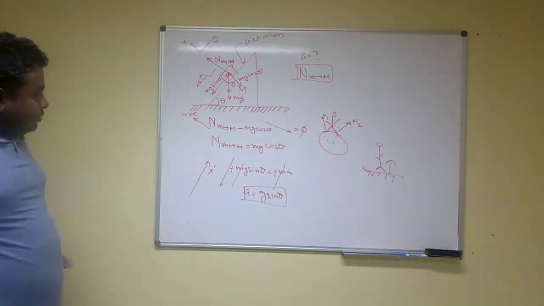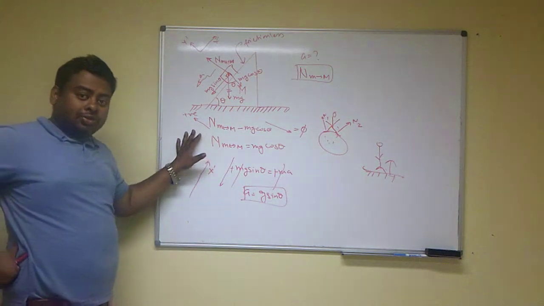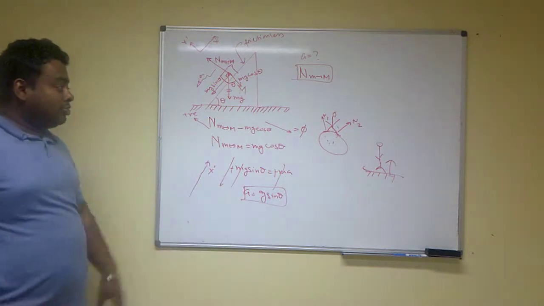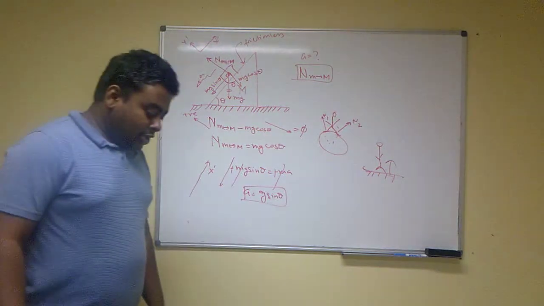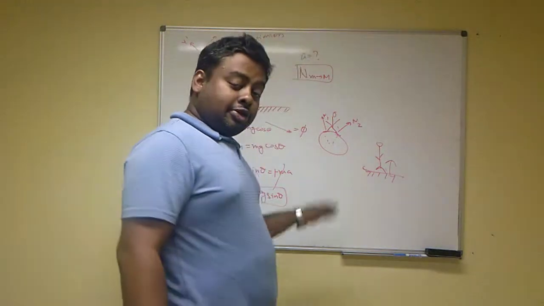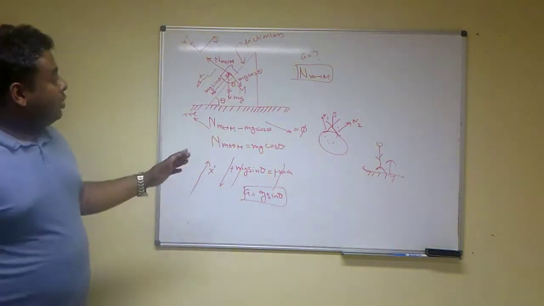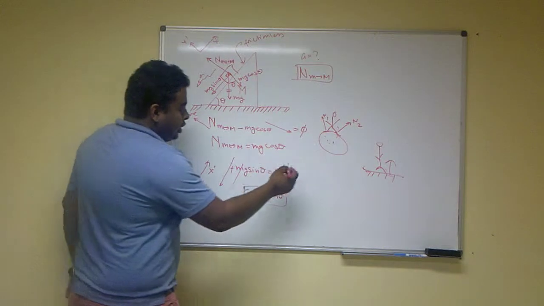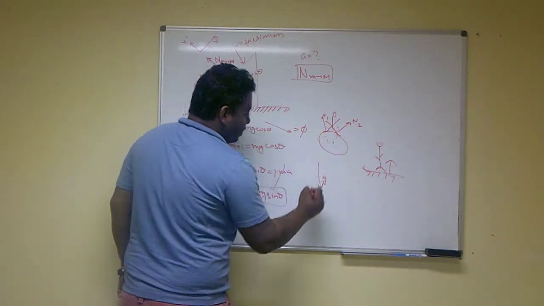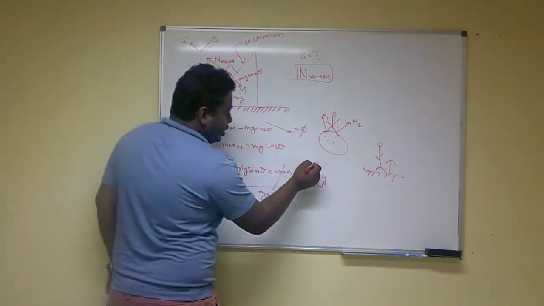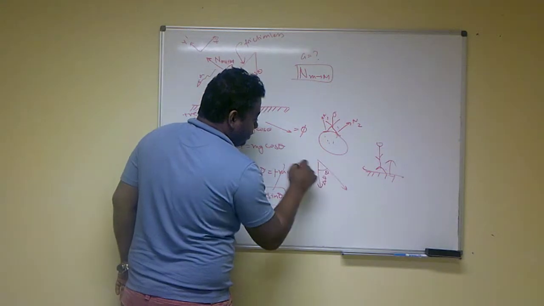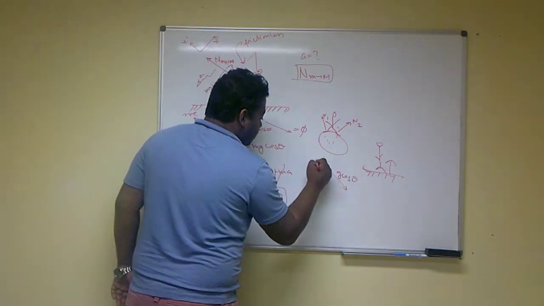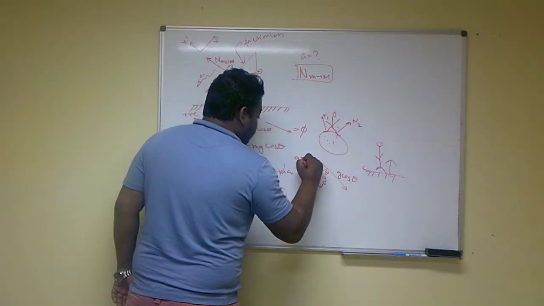So I hope this normal force has become clear to you, and this acceleration has become clear to you for this particular example. Again, this is a small example, but we now know basically how to take components. Whenever you are taking components, either for kinematics or this type of free body diagrams, wherever there is this theta direction, you make that cos theta, and the perpendicular one is sin theta.